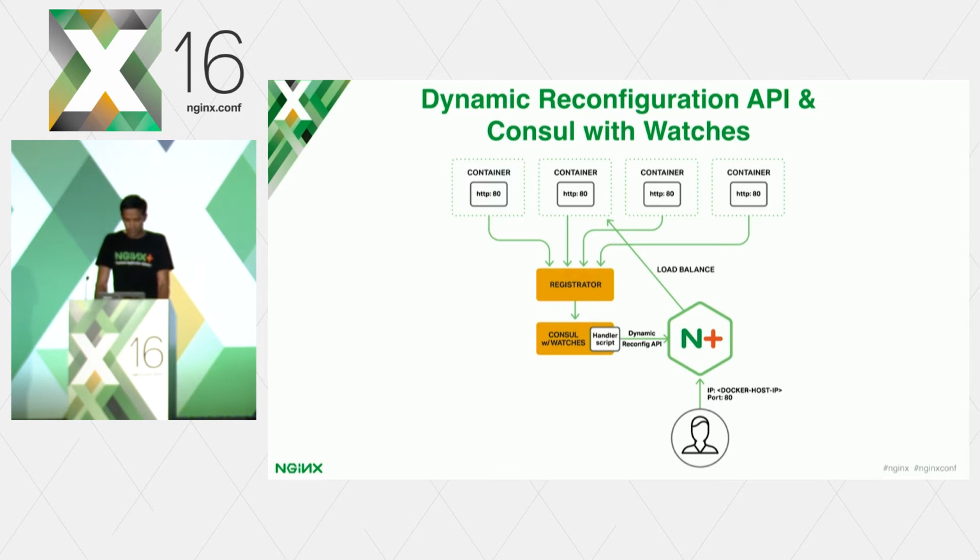Now, another feature which can be used here is Consul Watches. What Consul Watches does is every time there's a change in Consul, so there are certain types of watches Consul supports, and once that change is detected, it can invoke an external script, which is the handler script here in the diagram, which can then use the Consul APIs to figure out all the healthy instances, and then use the dynamic reconfiguration API to add those instances within NGINX Plus if they are not already added.